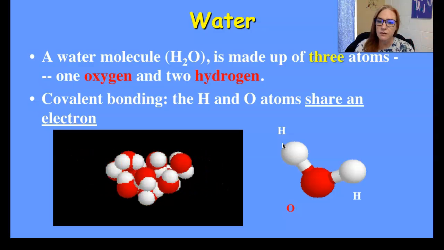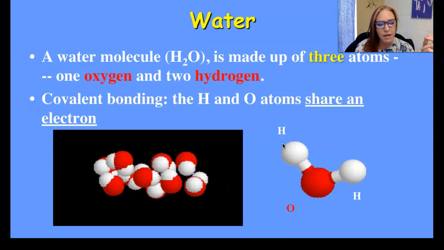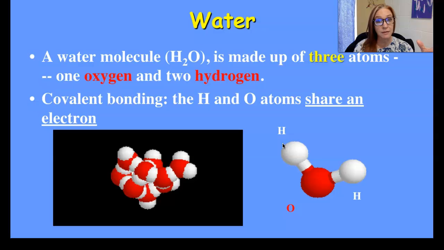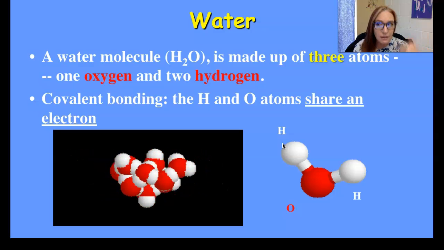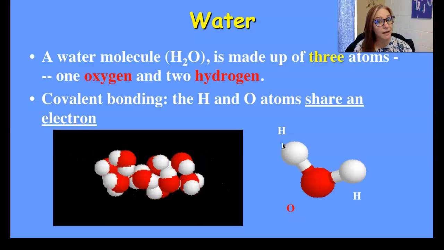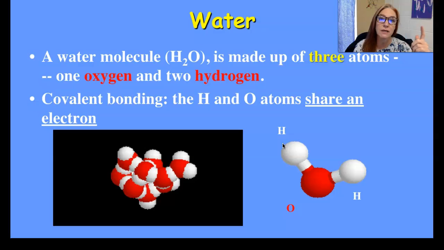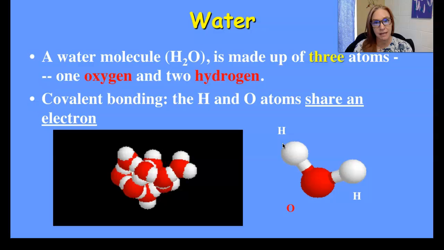However, when we get two different kinds of atoms that are associated with each other, there might be one atom, like an oxygen atom, that has more room in its electron cloud for more electrons. So it's going to attract those electrons, and they will share an electron between the hydrogen and the oxygen.